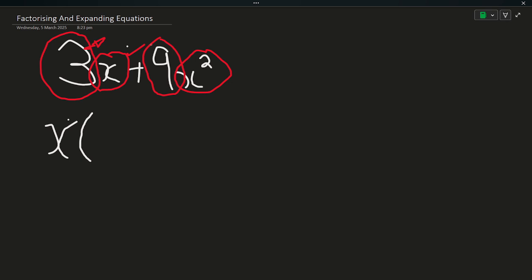So 3 times 1 is 3 and 3 times 3 is 9. Your outside value becomes 3x.